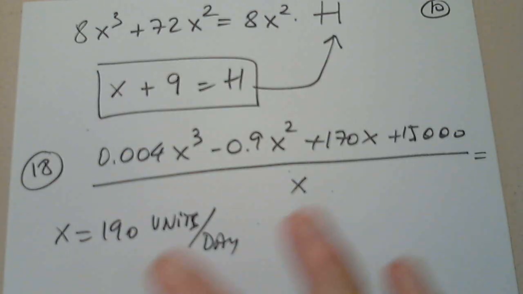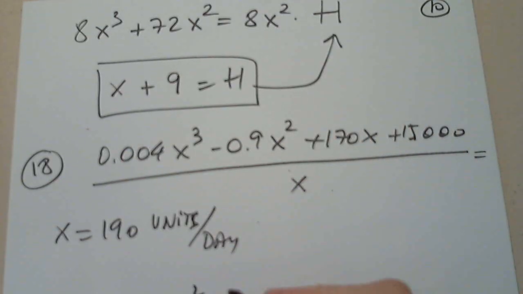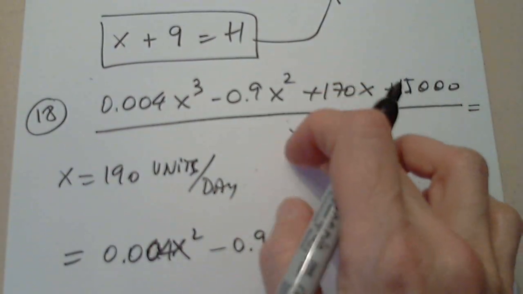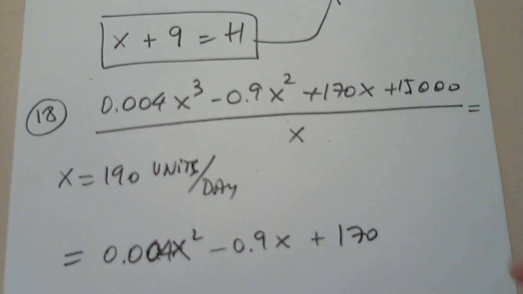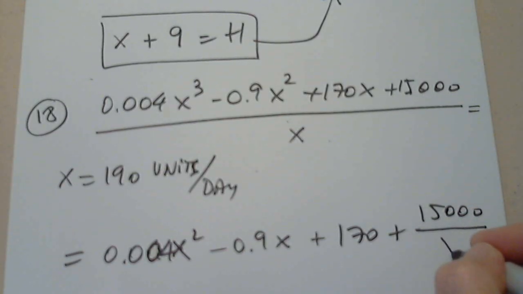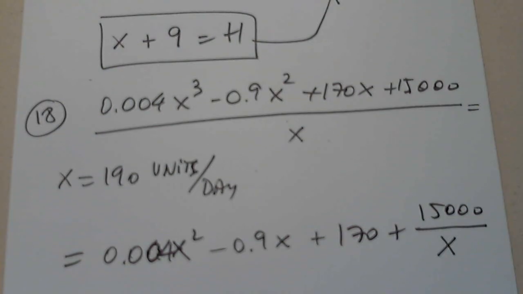Then this over this is negative 0.9x, plus this over this is 170. But the last one cannot be simplified, so it has to be left alone in fraction form.